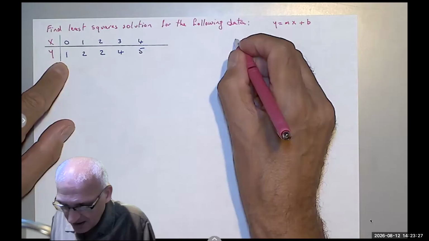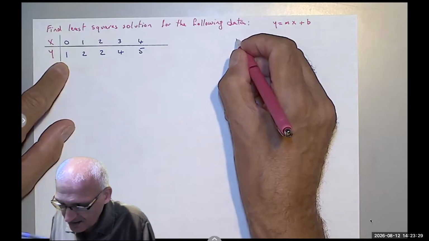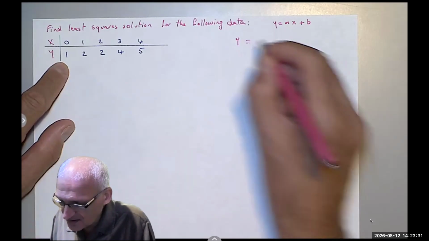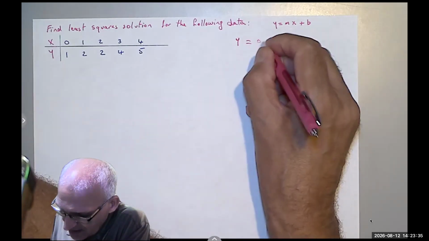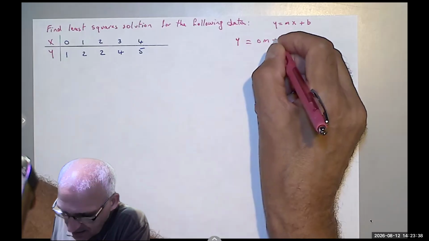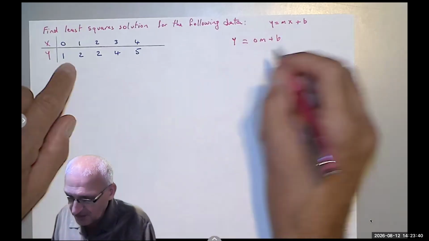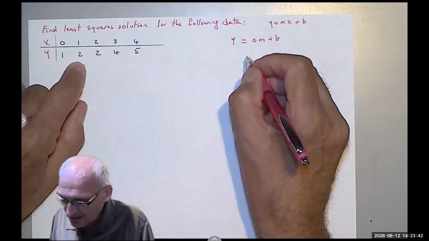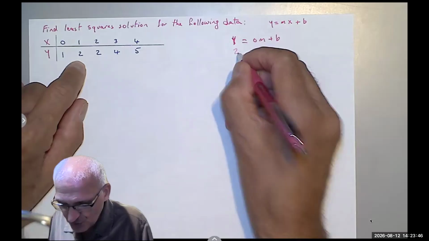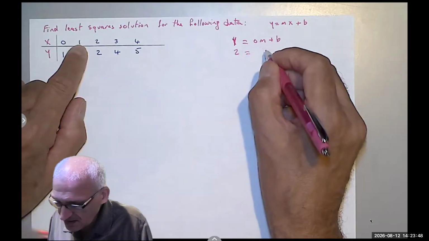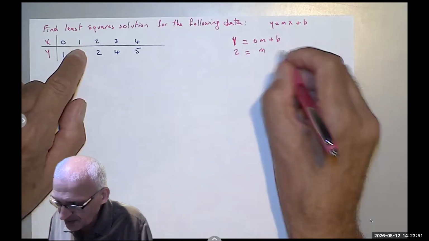But if I want to write it like that, I would say, for example, the first equation would be 1, y equals 0 times m plus b. The second equation would be the 2. So this is basically 1. And then this would be 2 equals 1 times m plus b.